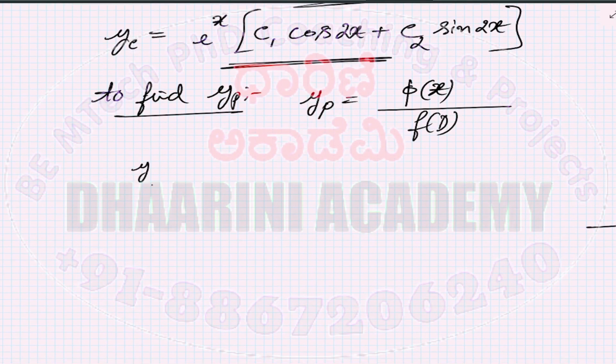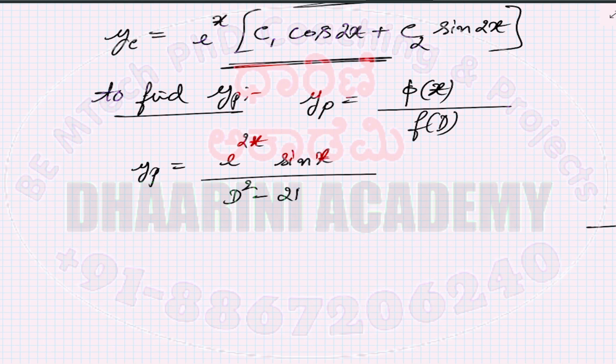That is, yp = e^(2x) sin x divided by D² − 2D + 5.